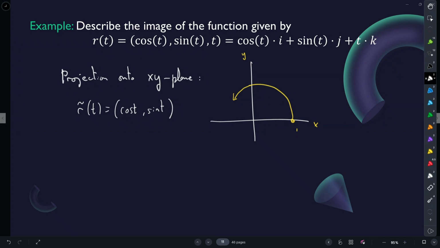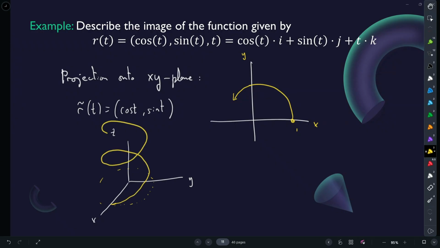So if I try to draw now what is happening in 3D, the shadow of whatever is going to happen is going to go around in circles in the xy plane. But as I start drawing, the z coordinate is increasing. So it's just going to go as a slinky, some helix, or a spiral like this.